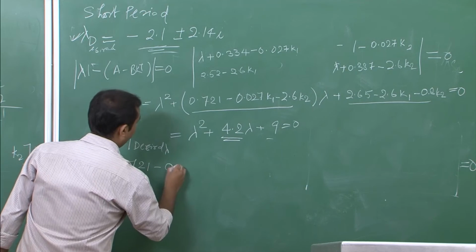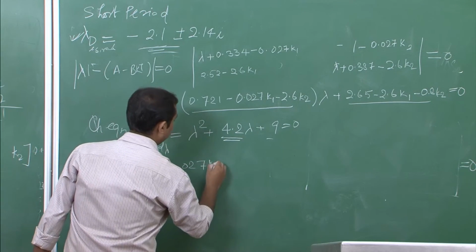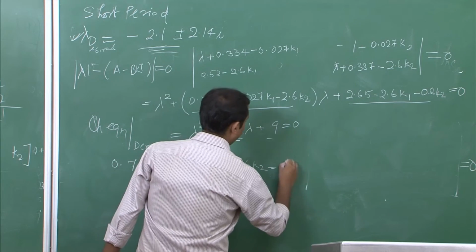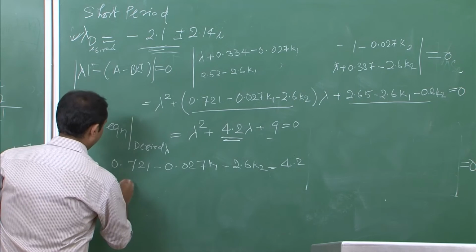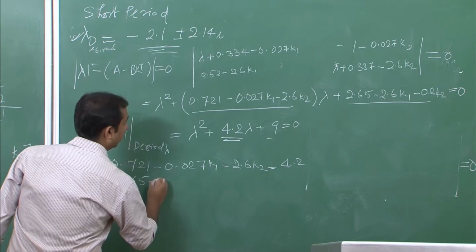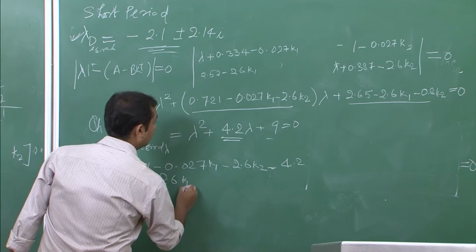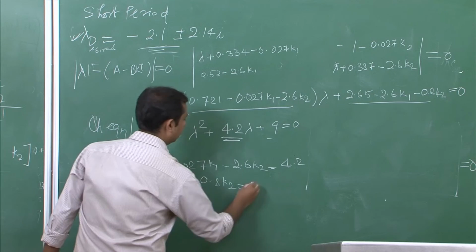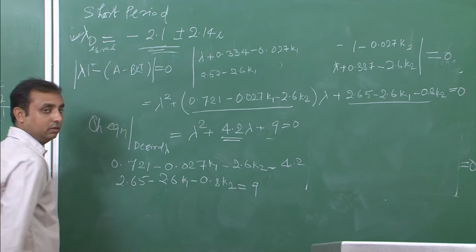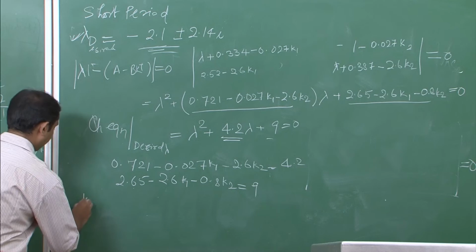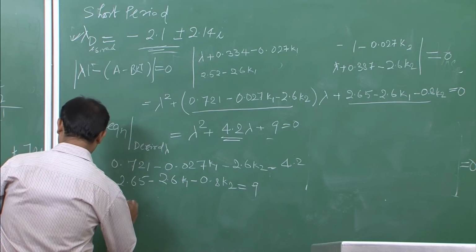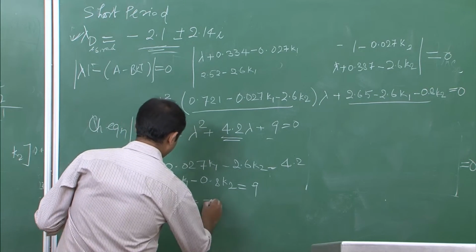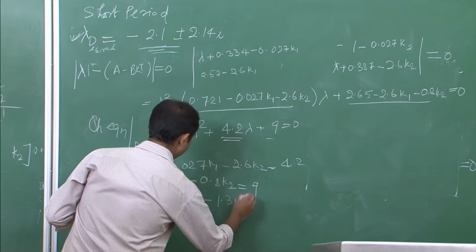0.721 minus 0.027 K1 minus 2.6 K2 equals 4.2, and 2.65 minus 2.6 K1 minus 0.8 K2 equals 9. Solving these equations, you will get the value of K1 as minus 2.03 and K2 as minus 1.318.